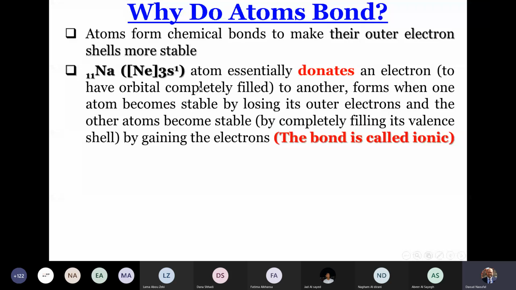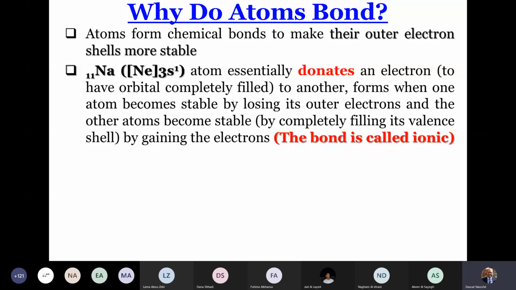For example, consider Cl. Cl has the configuration 3s2 3p5, so it needs 1 more electron to be stable. In this case, we will have a bond between Na, which loses the electron in 3s1, and the orbital 3p5 of Cl, and the bond is called, in this case, an ionic bond.